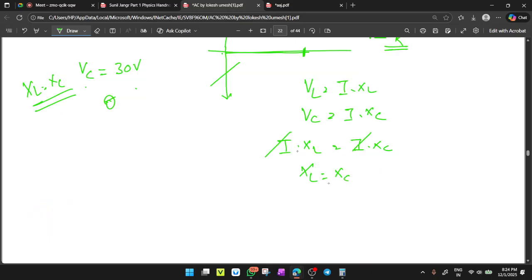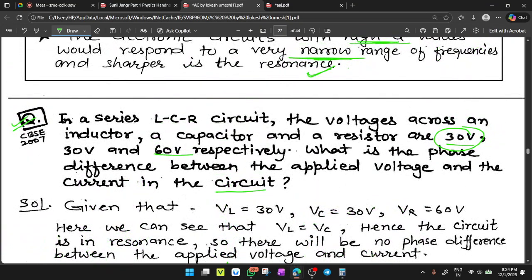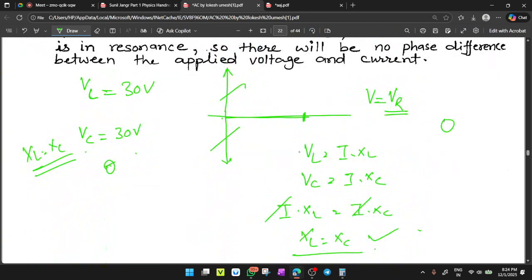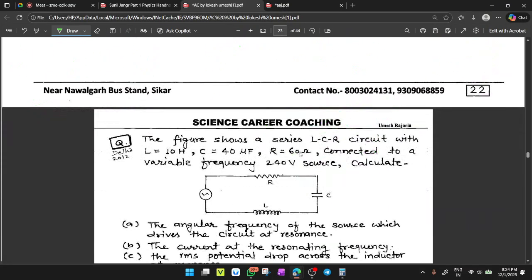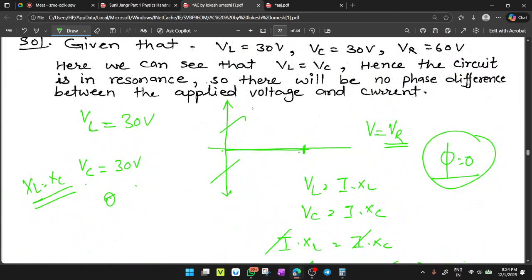So the condition of resonance is taking place here. Now in this condition, what is the phase difference between applied voltage and the current? Obviously, the phase difference equals 0, because your series circuit will behave like a pure resistive circuit. So there will be no phase difference between the applied voltage and current.